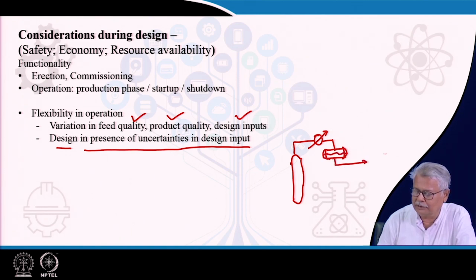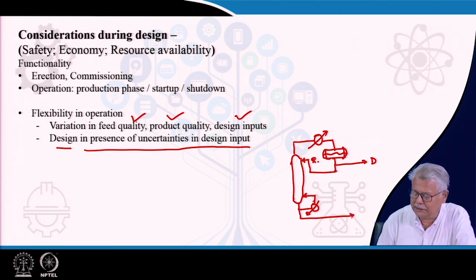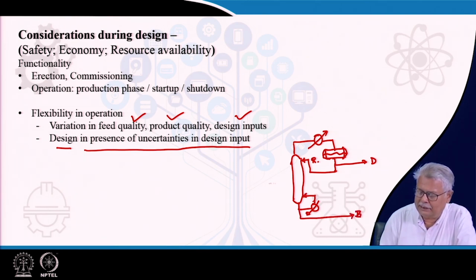From there, part of it is taken out as distillate and a part of it is sent in as reflux. It could be R or L, whatever it is. I will also have here a reboiler. From here the vapor will be returned and we will be taking out a bottoms from here, and here is my feed.